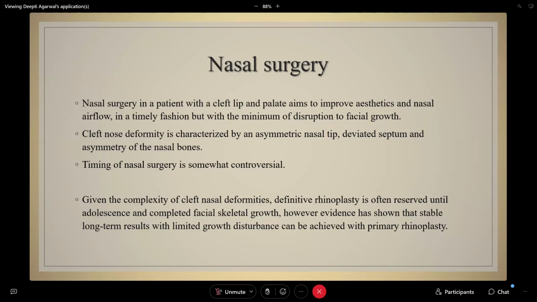The timing of nasal surgery, as I described before, is controversial. Sometimes it is done primarily along with closure of the cleft lip, whereas in the presence of complex deformities, definitive rhinoplasty is reserved till facial skeletal growth is complete, that is after 15 years of age.